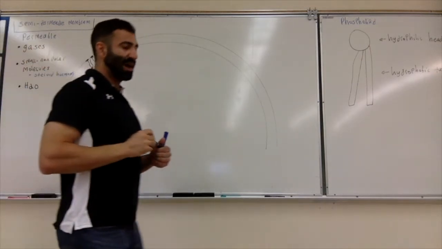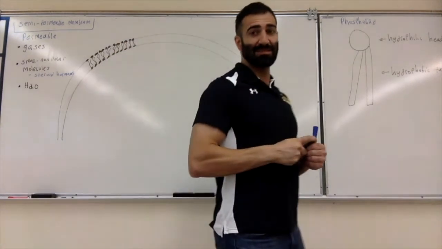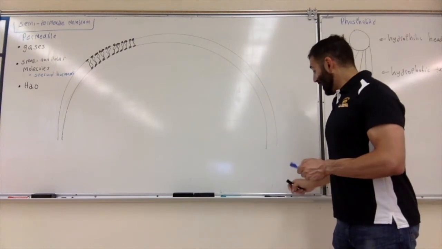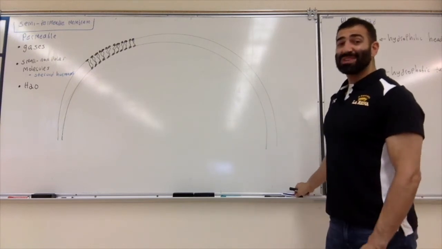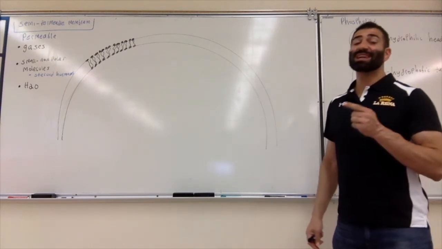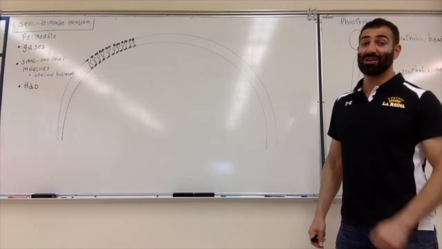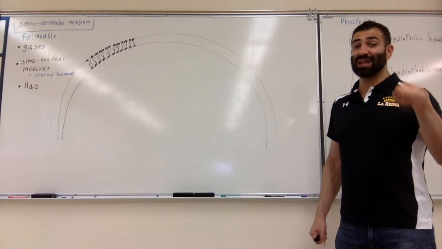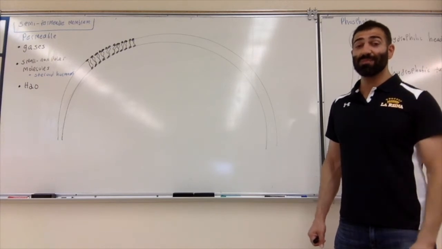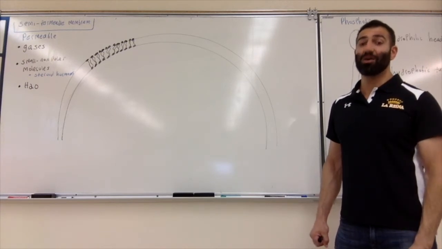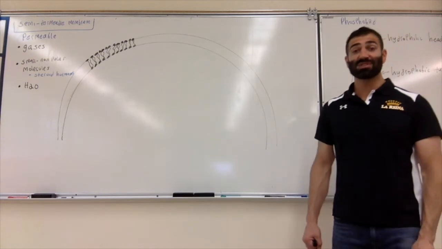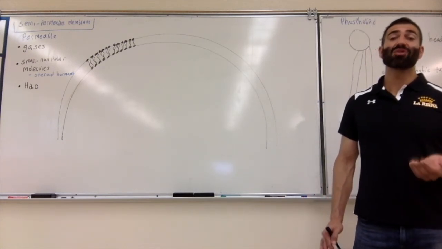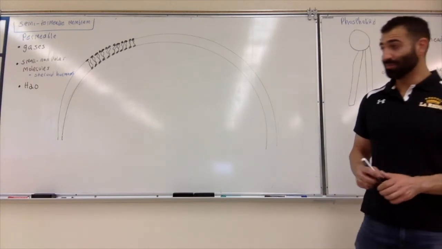Okay, now what cannot pass through the cell membrane? Everything else. Now, this doesn't mean that they can't get in or out of the cell. It just means that if they were to try and go through the cell membrane on their own, they could not. They need help. They can get help from something called a protein transporter that we'll talk about, but on their own, they cannot freely pass through.